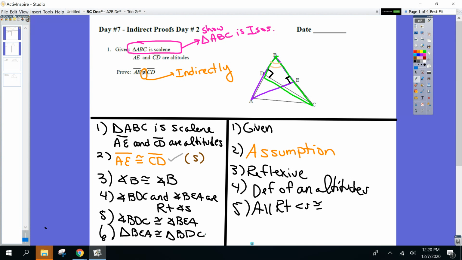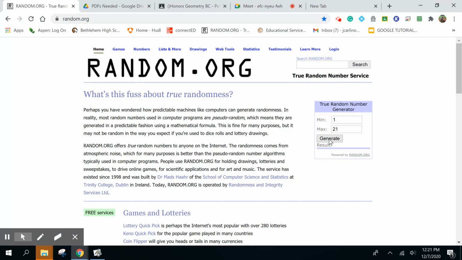Again, if you can't see the method, just take one of the triangles out right now. If I took triangle BDC out and put all the markings on, so I had a right angle at D, a reflexive angle at B, and a side at CD, I think the method becomes very easy if you draw it out. What is the method these two triangles are congruent?